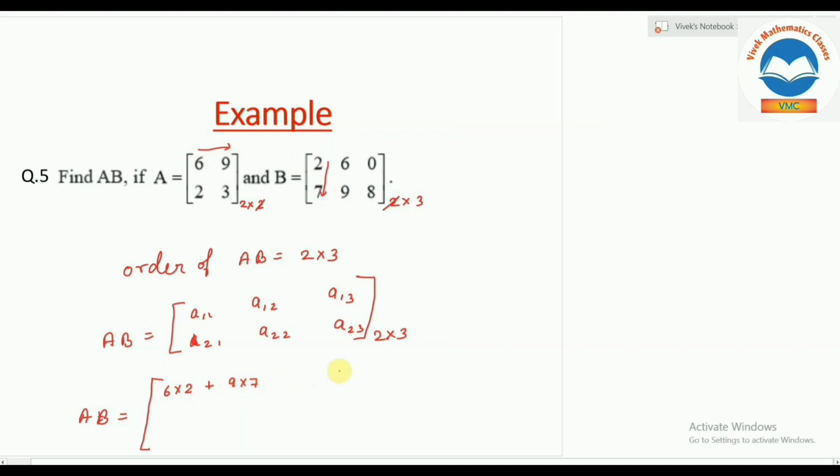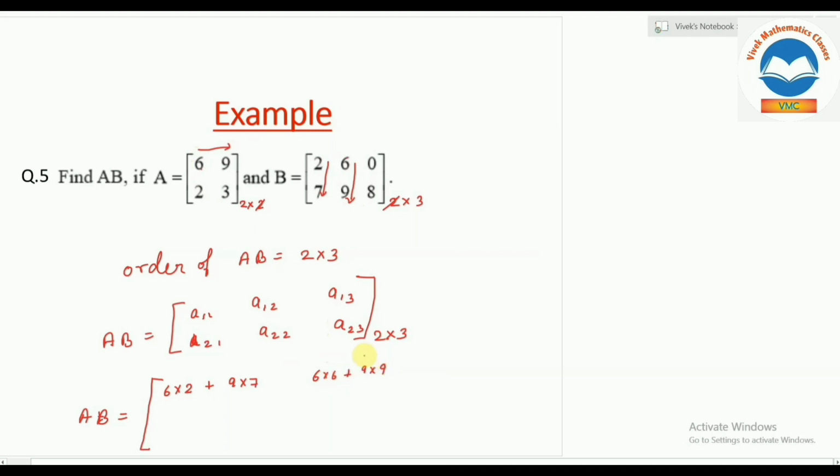We got A11. Next we need to find A12. A12 means first row and second column. From the first matrix A you take the first row only, but from the B matrix you take the second column. So 6 multiplies with 6 and 9 with 9: 6 into 6 plus 9 into 9.